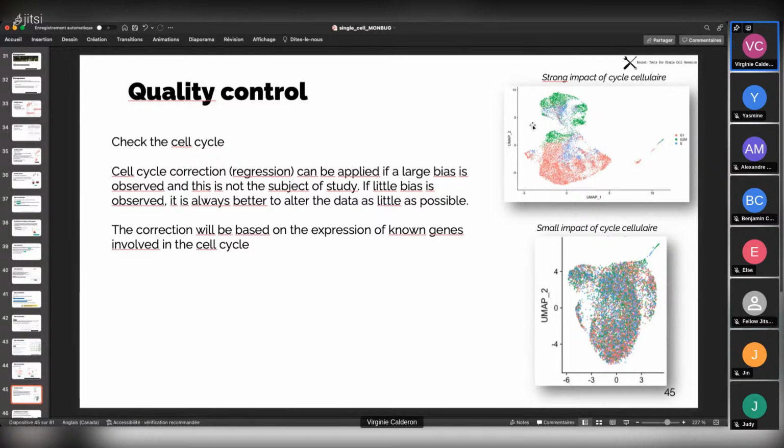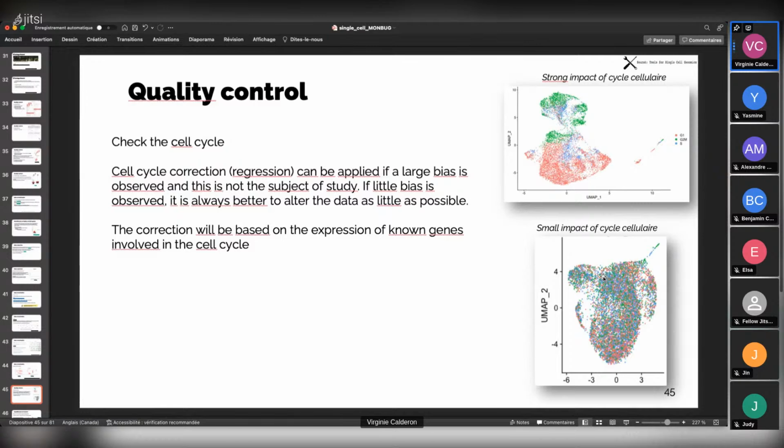Here in another example, we have a small impact of the cell cycle. So we see that all the colors, the different cells, the G2M or G1 or S, are everywhere in the UMAP. So there is no bias here for the cell cycle. So my advice, if you see a small effect, is to not use a regression to modify your data.